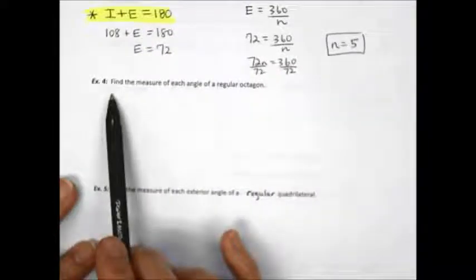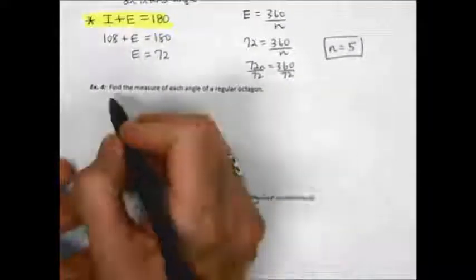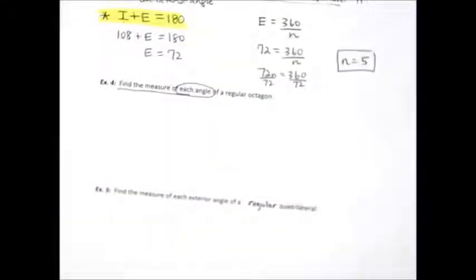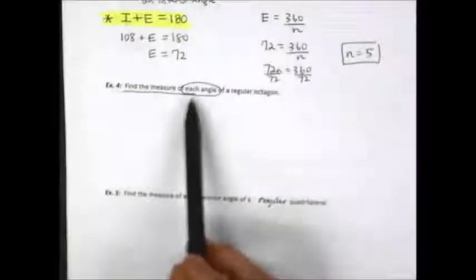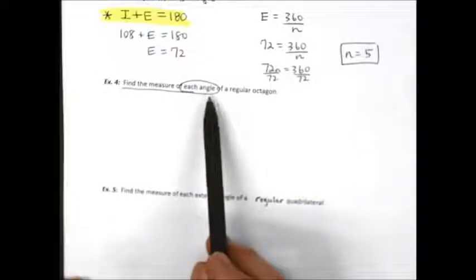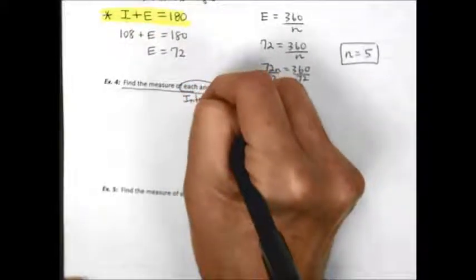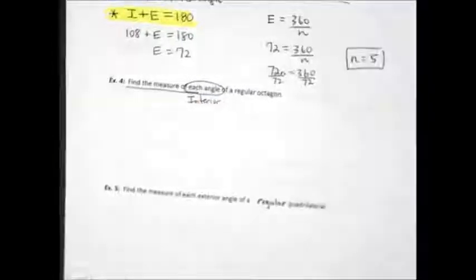Okay? All right, find the measure of each angle of a regular octagon. So when they say find the measure of each angle, do you notice what word is missing? Notice they don't say exterior angle. So again, in the absence of saying anything about what kind of angle it is, that means it is an interior angle. So if they don't say the word exterior, they mean interior.